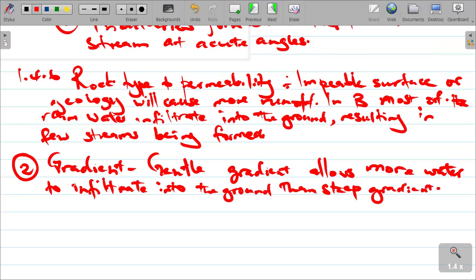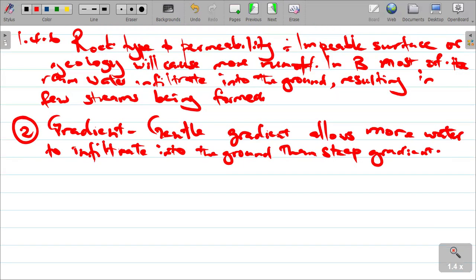So steep gradient causes more runoff, and with gentle gradient, more water infiltrates and few streams are formed.